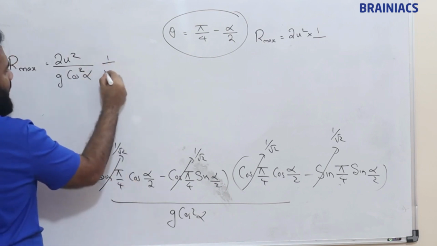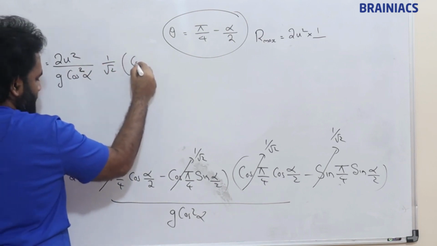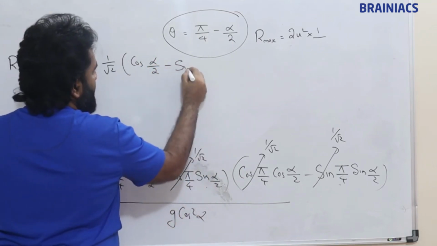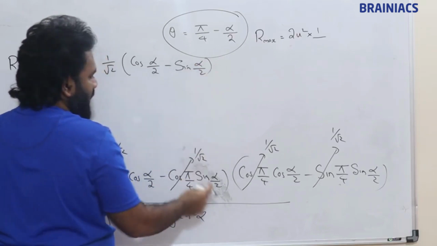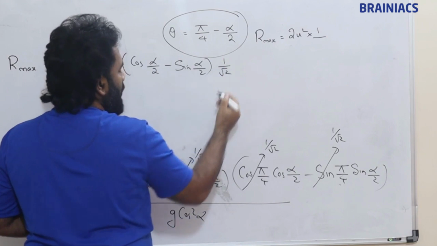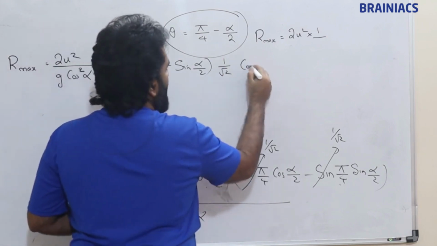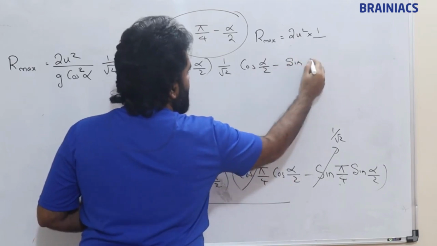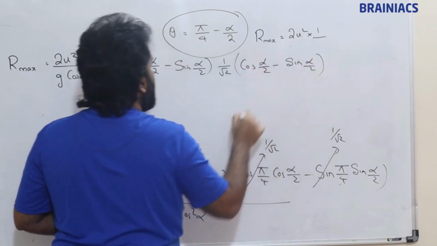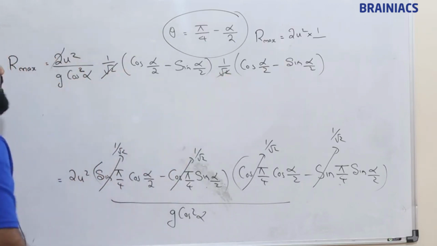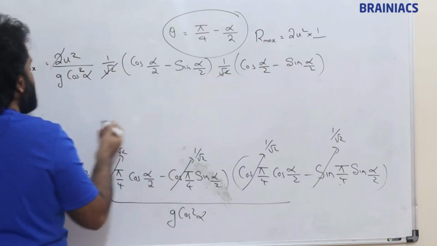Here 1 by root 2 we are taking out, so this will become cos alpha by 2 minus sin alpha by 2, one term. From the other also I will take 1 by root 2 common, so this will become cos alpha by 2 minus sin alpha by 2, second term. Root 2 and root 2 will become 2, and we can cancel this. So this is the same term.